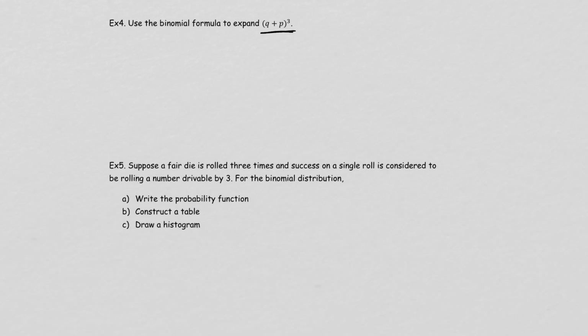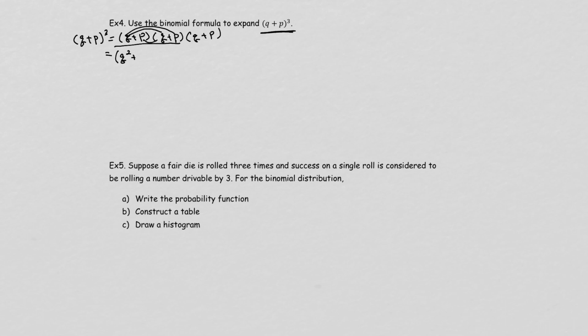So when you have (q plus p) cubed, this means you have (q plus p) times (q plus p) times (q plus p), right? And when you do the first 2 multiplications, you will get q squared plus, and then do the foiling, right?